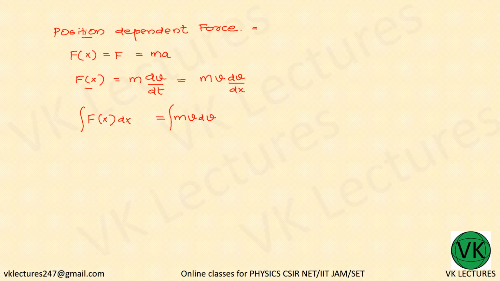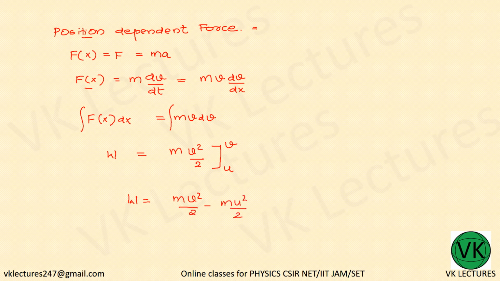So this work done is equal to m v square by 2, and putting the limits of v, let u be the initial velocity and v be the final velocity. So the work done is m v square by 2 minus m u square by 2.